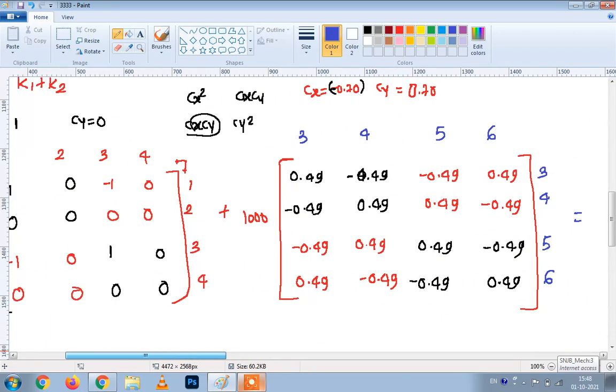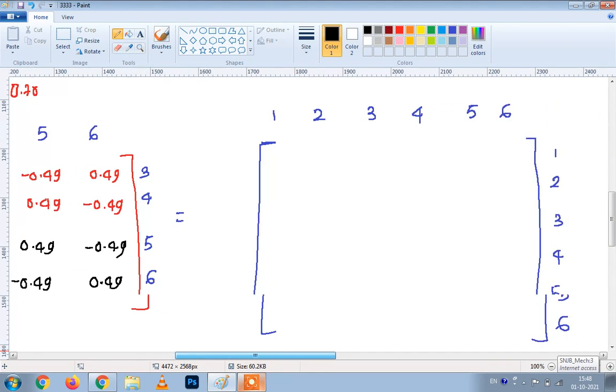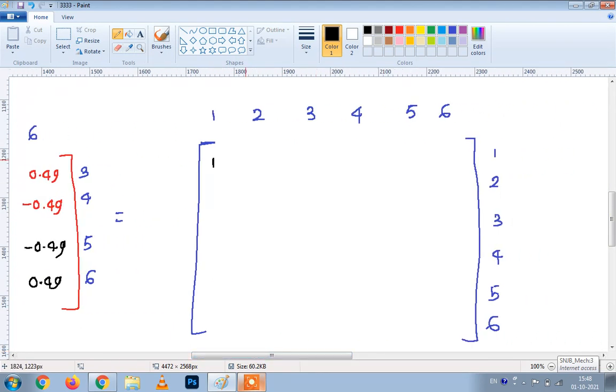Now if you observe, we can simply place this 1, 2, 3, 4, 1, 2, 3, 4. We can place the 4 rows and 4 columns at the appropriate location very easily. So 1, 0, minus 1, 0. Here it will be 1, 0, 0, 0. Here minus 1, 0, 0, 0. Here is minus 1, 0, 0, 0. And here in the last, it is 1, 0, 0, 0.